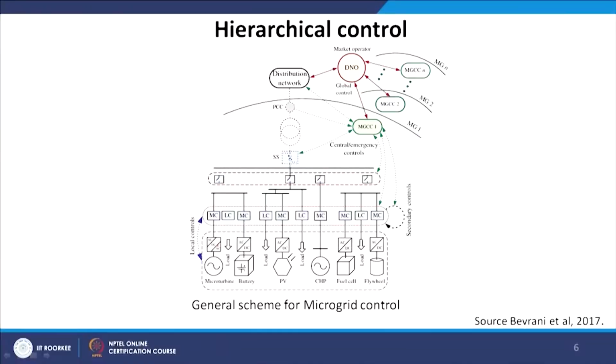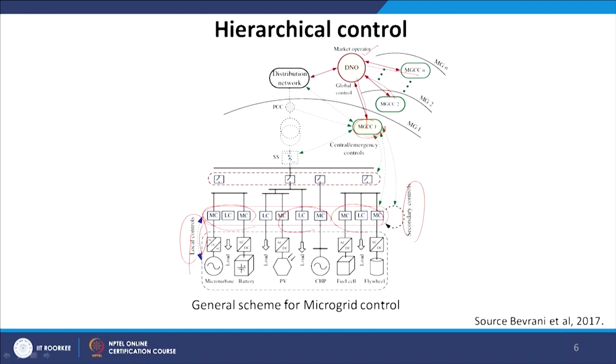Now, getting deeper into this, this is my local control setup between microgrids, and we do have secondary control at each level. And now the distribution network owner or operator links to my microgrid 1, 2 and n, and each microgrid will experience those secondary controls as well as local controllers.